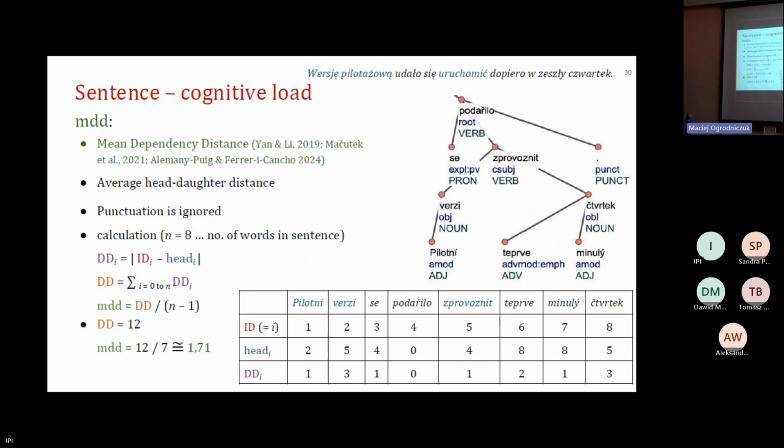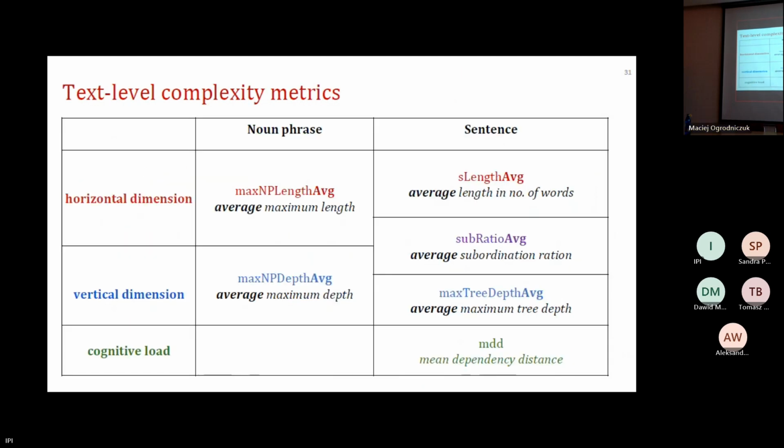Of course, it's something different from the non-projective dependency, but the measure is blind to that. So some languages might have higher mean dependency distance just because they use determiners, pre-modifying determiners, not post-positional, prepositional determiners. So that was sentence level.